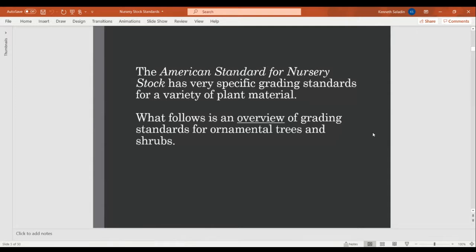This document has very specific grading standards for a variety of different plant material. What follows in this presentation is really just an overview of grading standards, and we'll be focusing on ornamental trees and shrubs.